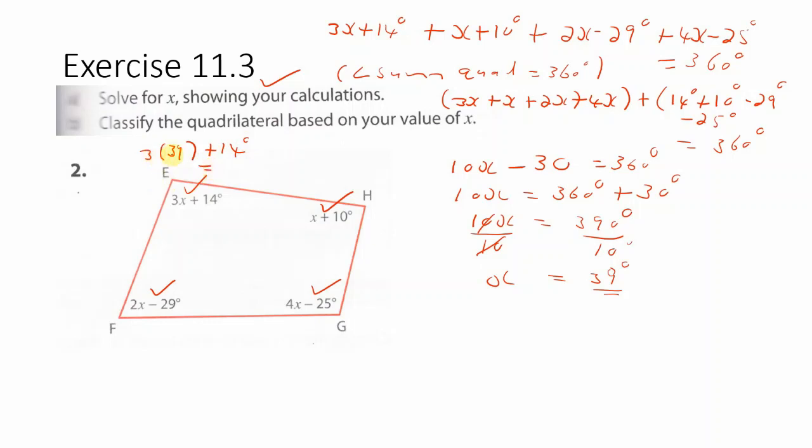So let's see, what's 3 times 39? 3 times 30 is 90, plus 3 times 9 is 27. So 90 plus 27 is 117, plus 14 is 131 degrees.